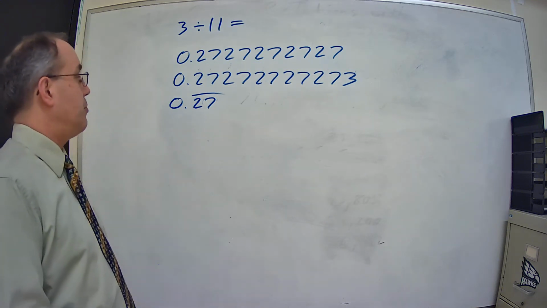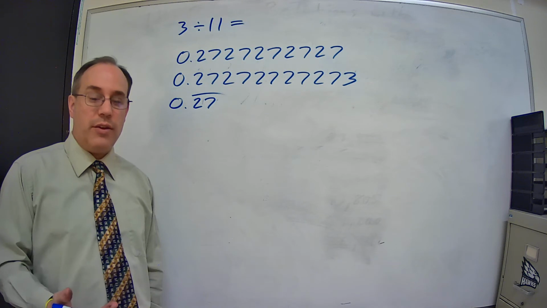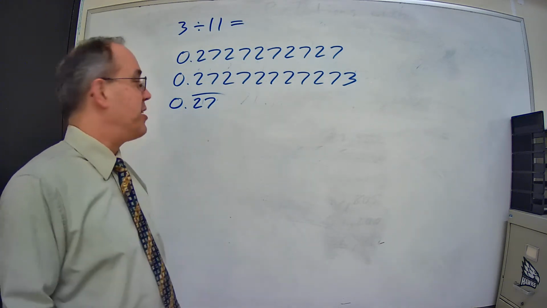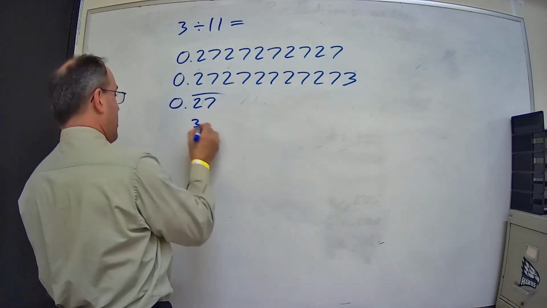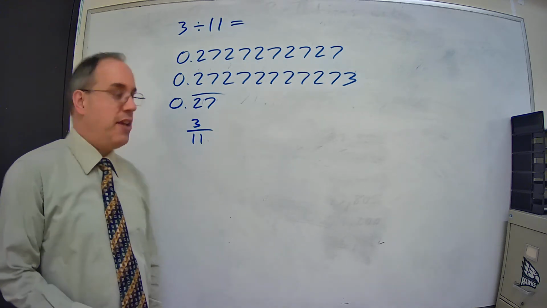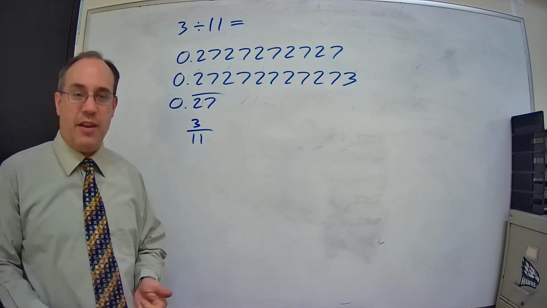So that's a possibility. The final one that it could do, depending on your calculator, is some calculators, Casio's are notorious for this, will actually give this to you as 3/11. Because it will display it as the most simplified fraction that it can.